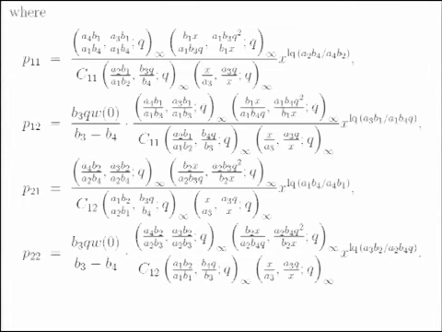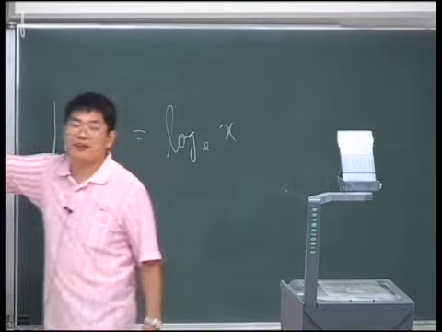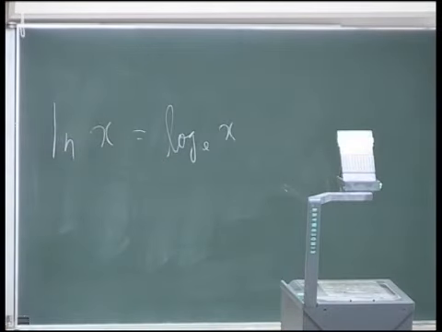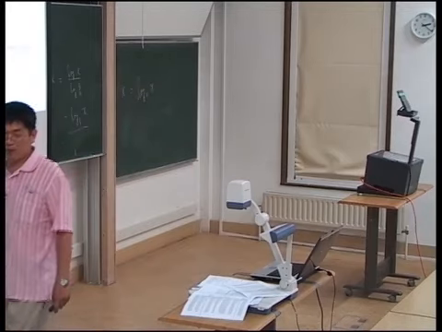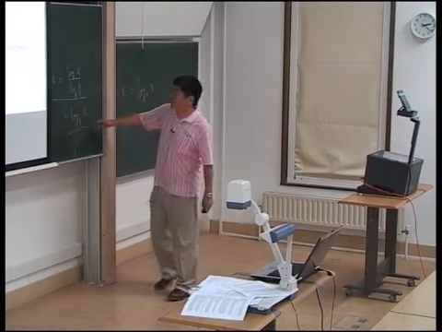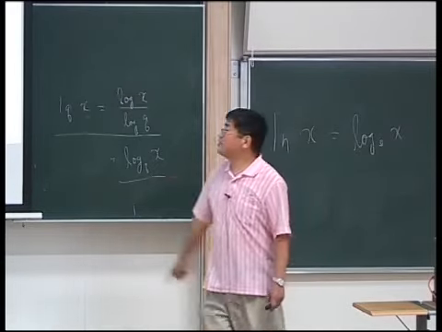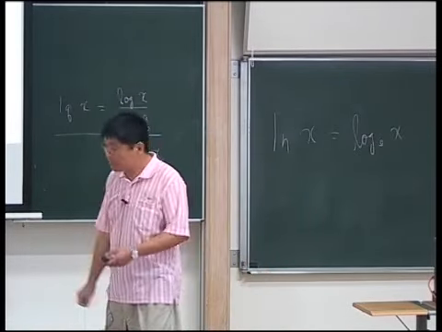It is like natural log x equals log_e x. This is the analogy of L_q. This is my notation, but I'm not sure anyone else wants to use my notation, but I use L_q x as log_q x. The base is q. Well, anyhow, so these are the connection matrices. This is also a theta constant.